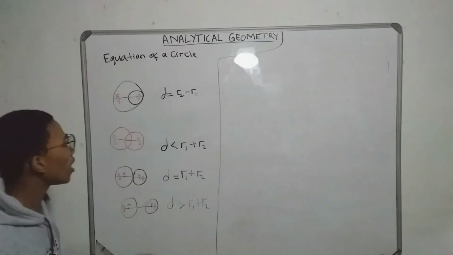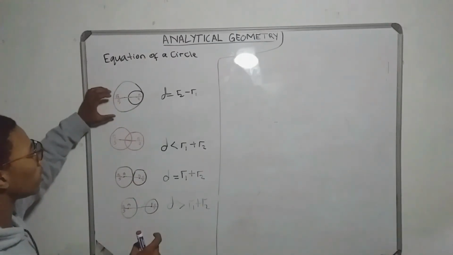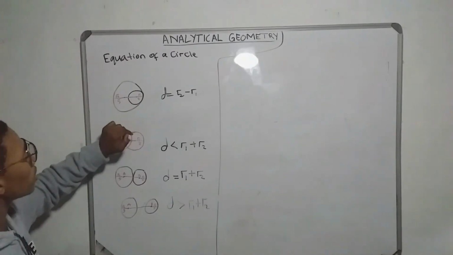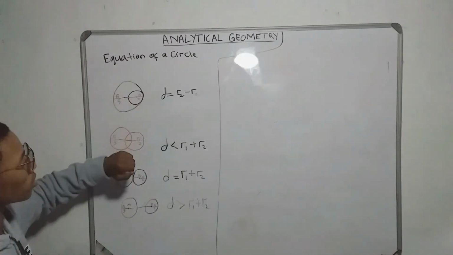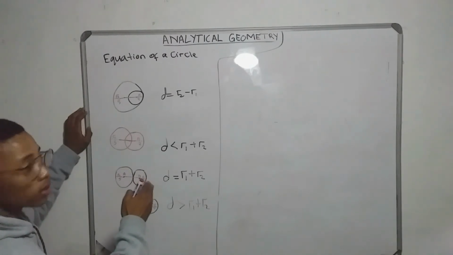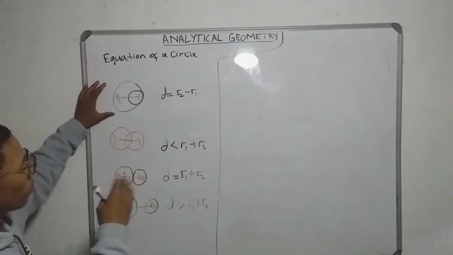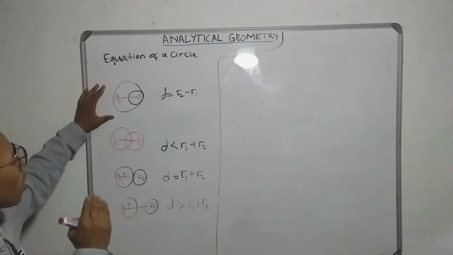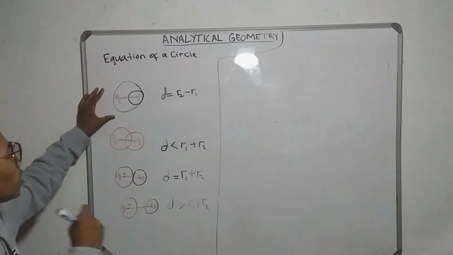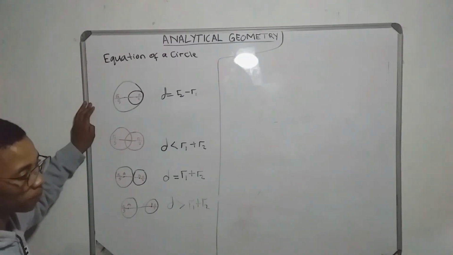When one of your circles is touching the other circle internally at one point, the distance between the centers of the circles is equal to the difference of the radii of the circles. You need to catch that statement very well. If ever your circles are touching internally, the distance between their centers is equal to the difference of their radii.